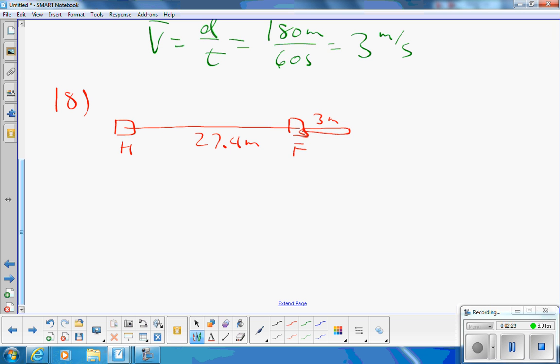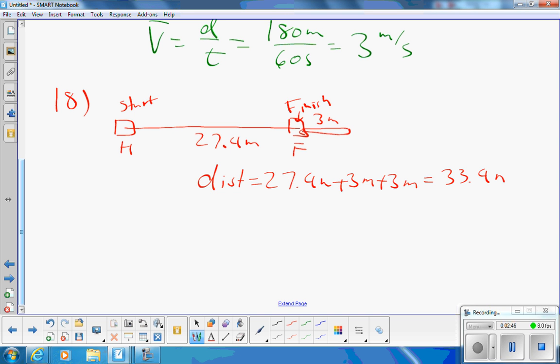So the total distance is 27.4 meters plus 3 meters over running plus 3 meters to get back, which gives you a grand total of 33.4 meters. The total displacement is from start to finish, which is first base, and that's 27.4 meters.